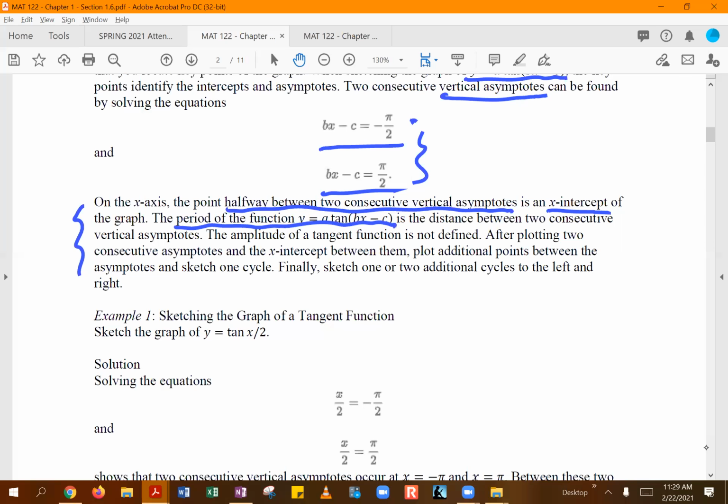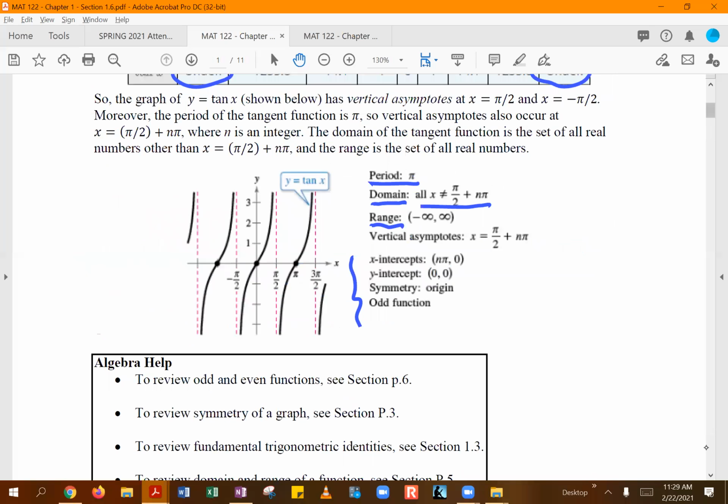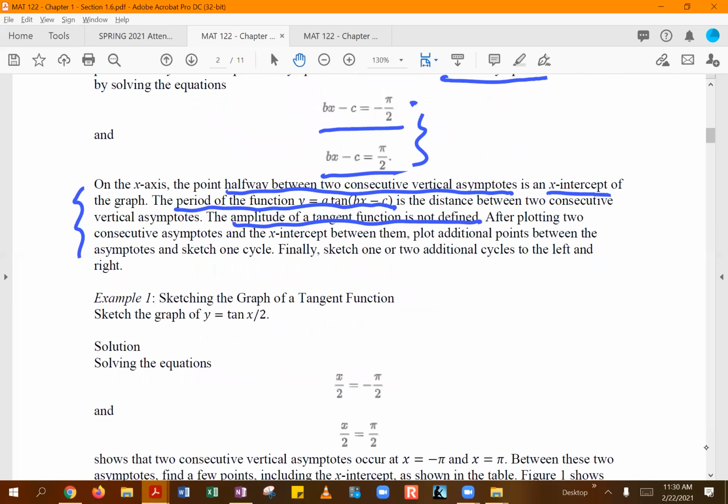We actually do not have amplitude for a tangent function, because just the way the function is defined, you don't really have a maximum or a minimum. Look at this general shape of the graph. We don't have that general shape of the sine or cosine function. So your amplitude is not defined.